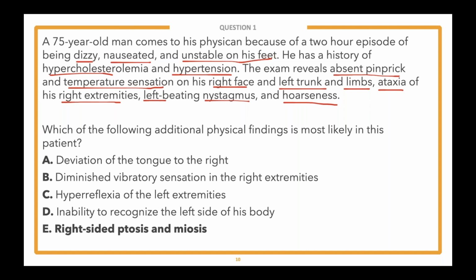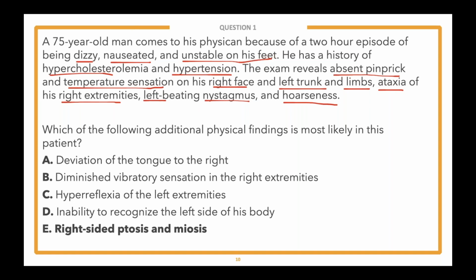And that is probably due to an infarct of the same side, the ipsilateral side, the right side of the inferior cerebellar peduncle. Now, spinal cord structures of the lateral medulla that may be damaged will include the spinal trigeminal nucleus, which will cause loss of pain and temperature sensation in the ipsilateral face.